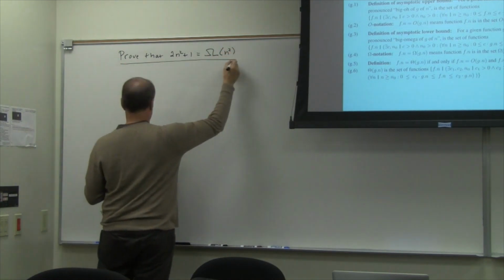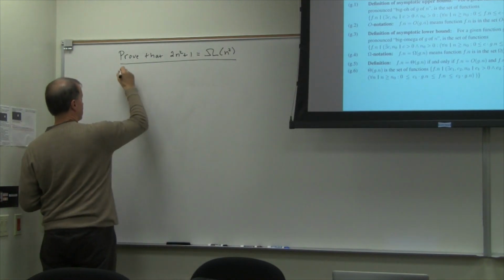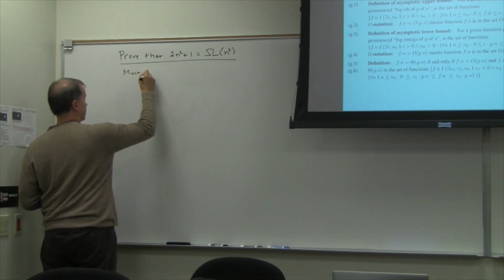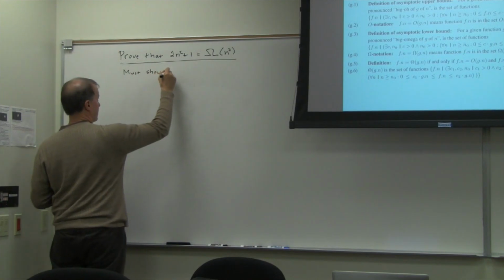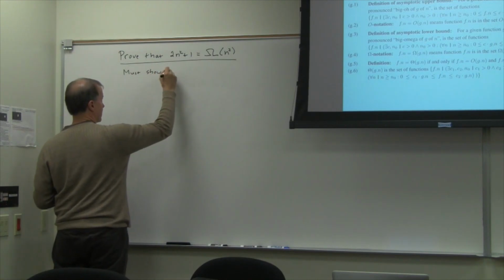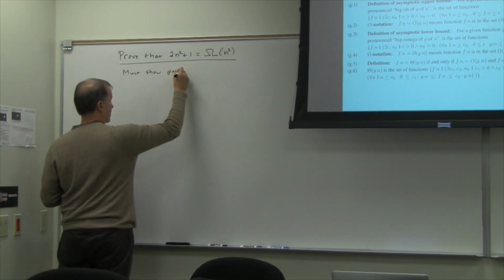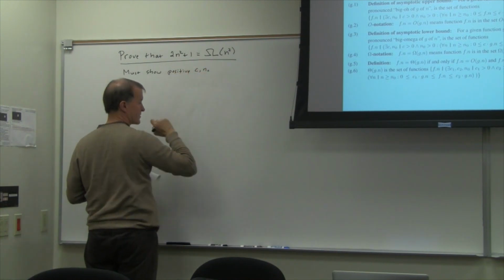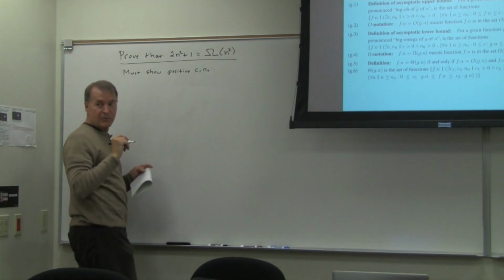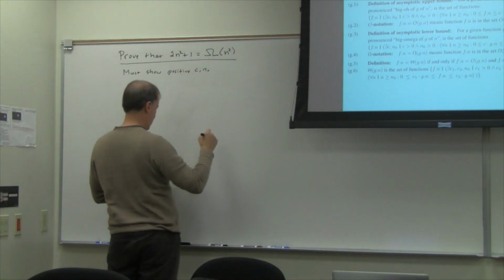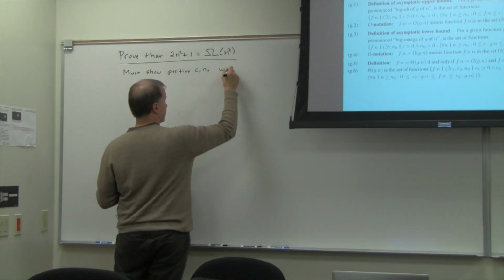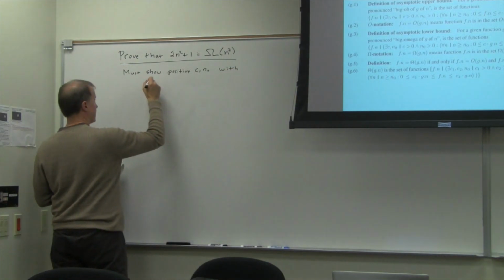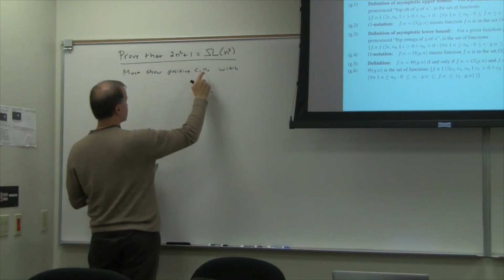So what must we show? Positive c and n naught, not n squared. Positive c and n naught.